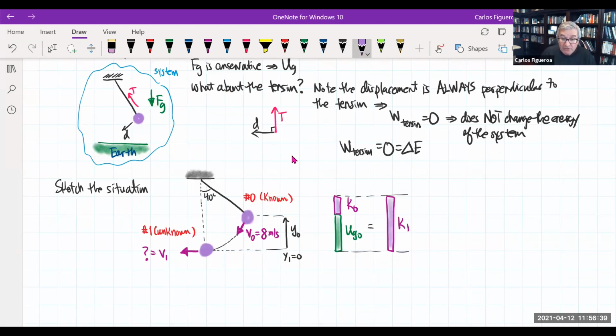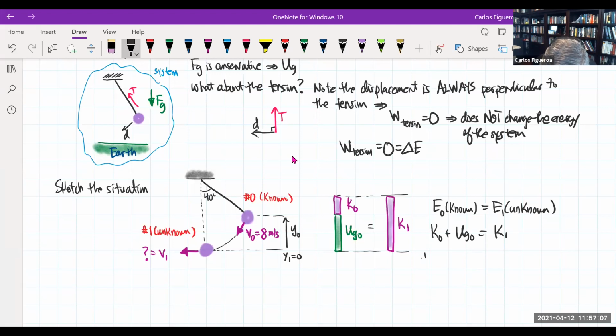So we know what to do here. We know how to write this, because conservation of energy just says my known energy state versus my unknown energy state tells me that I have to write K initial plus mg y naught, oops, I should write U G 0, equals K1.